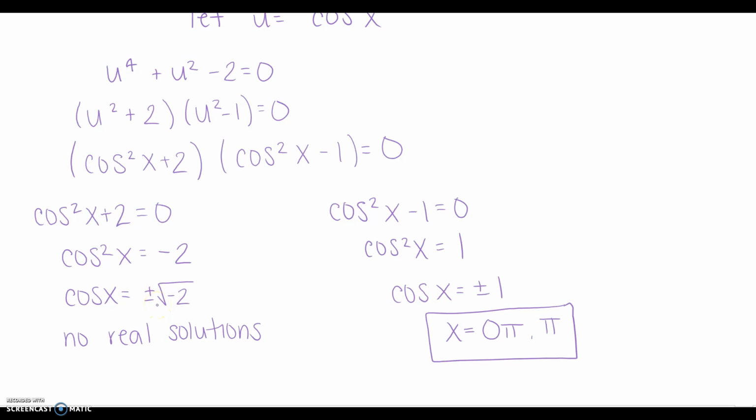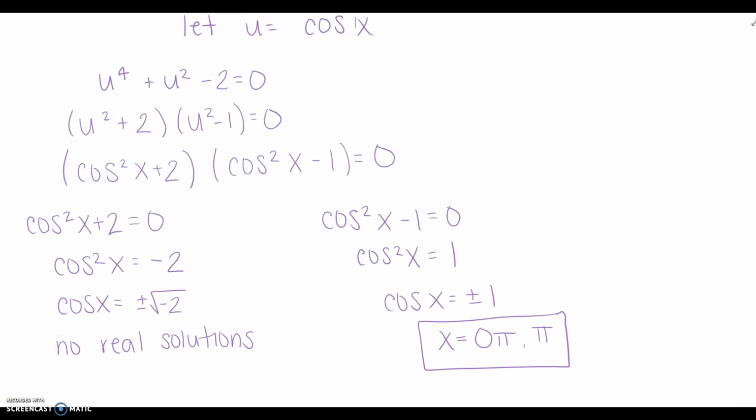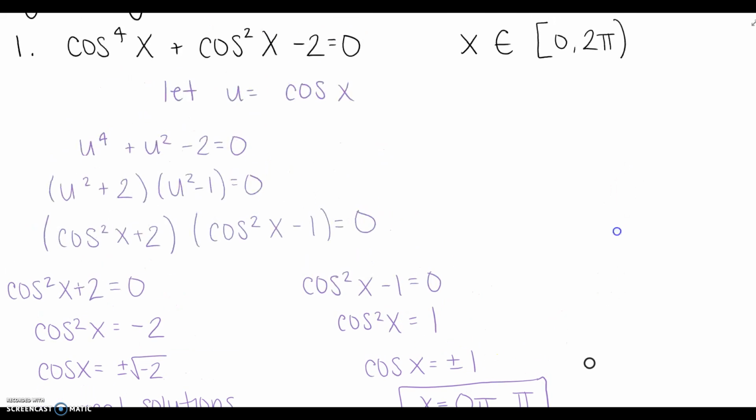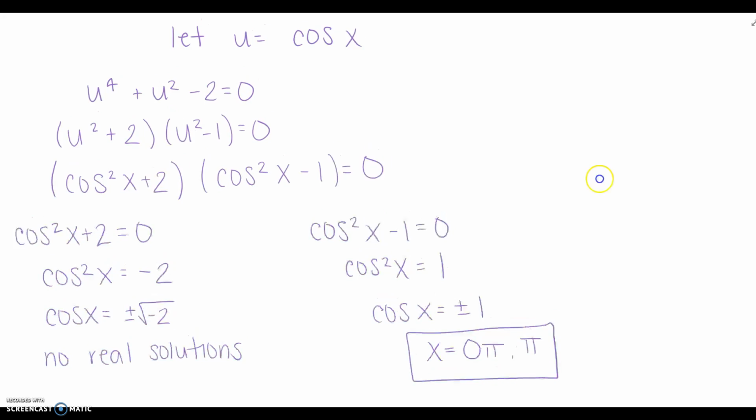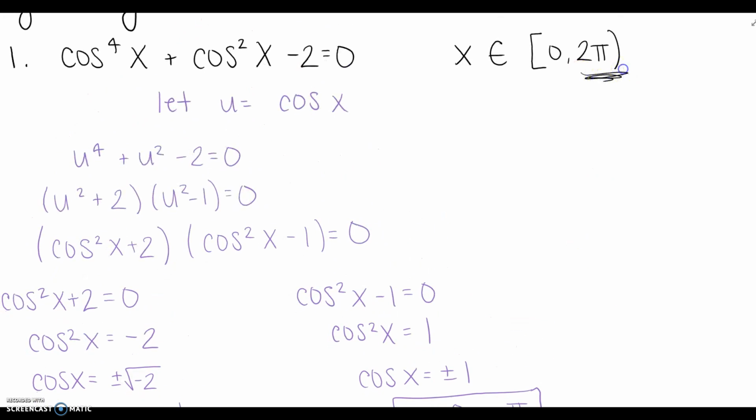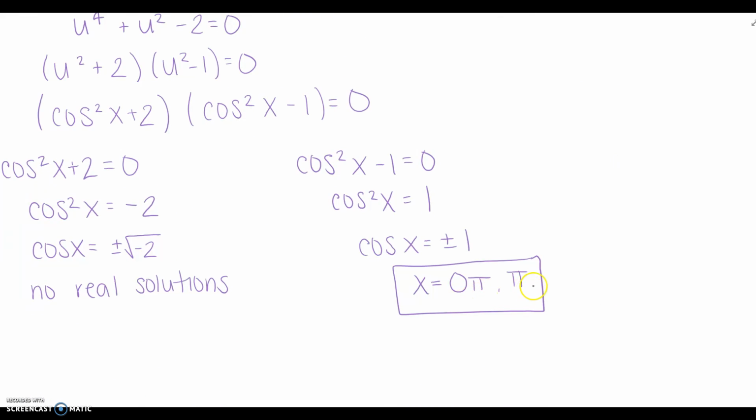And then for cosine squared of x minus 1, you get plus or minus 1. And that gives you the x values at 0 and pi. So at those two spots between 0 and 2 pi is when x equals positive or minus 1. And then because it's not including the 2 pi, we don't say 2 pi as well.